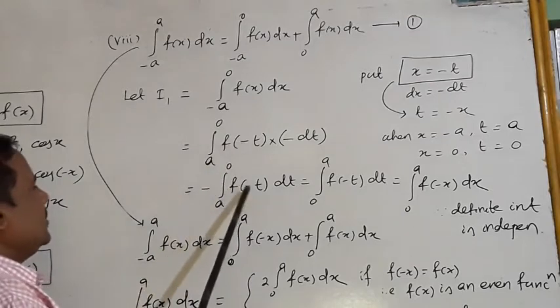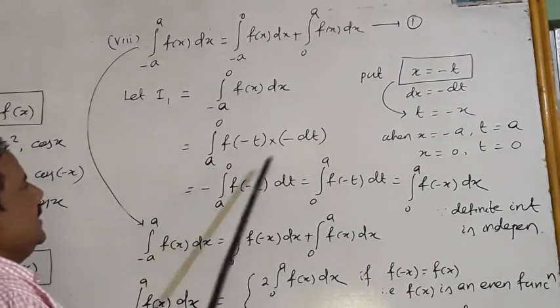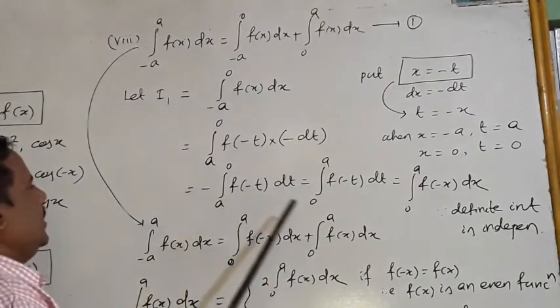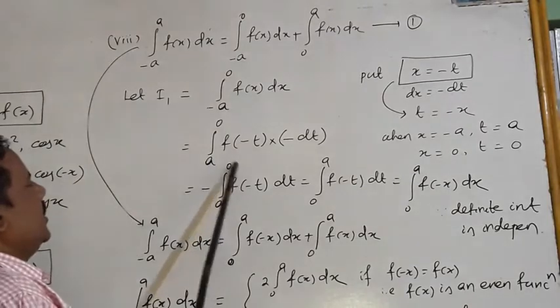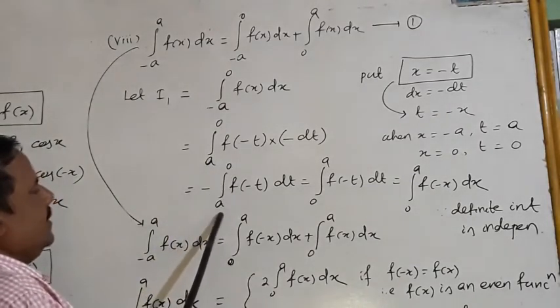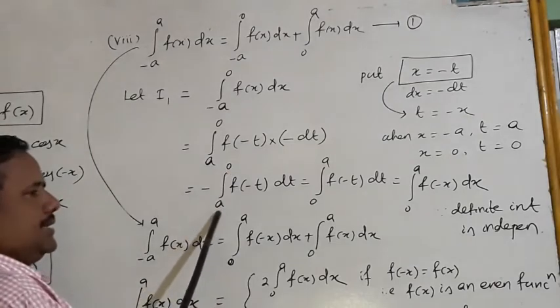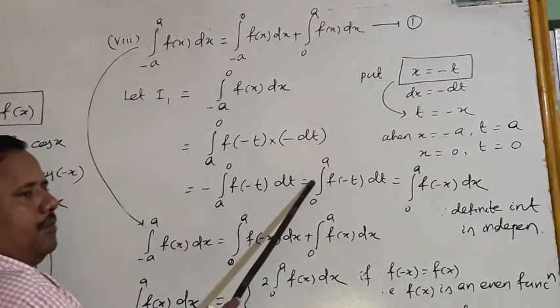Now f of minus t is here, minus dt. Minus should come outside. It becomes dt. Now it is what? Minus a to 0. If there is a minus in a definite integral, the lower limit and upper limit will change. They will take another minus. Minus of minus will become plus.